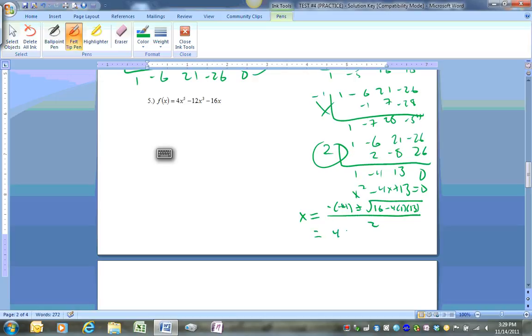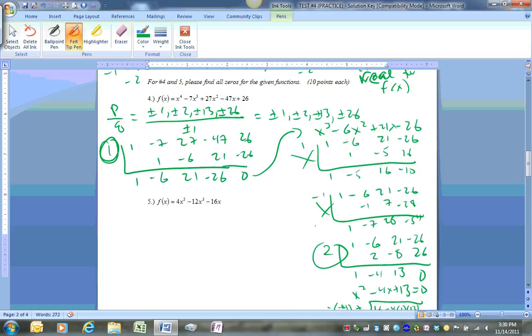You want to gain 4 plus or minus, I think it'll be root negative 36, divided by 2, which will wind up reducing to 2 plus or minus 3i. So those are your 4 answers, because we have degree 4.